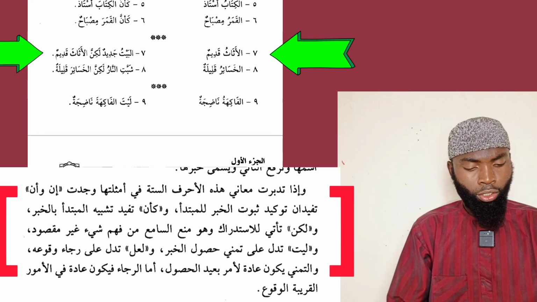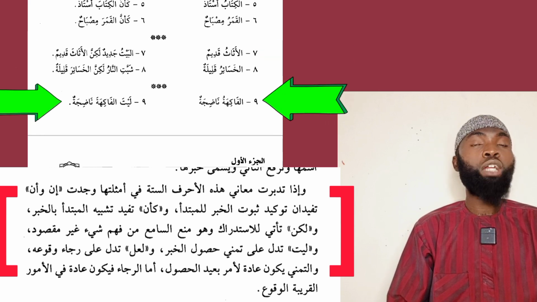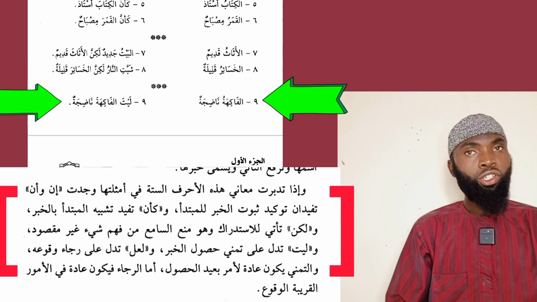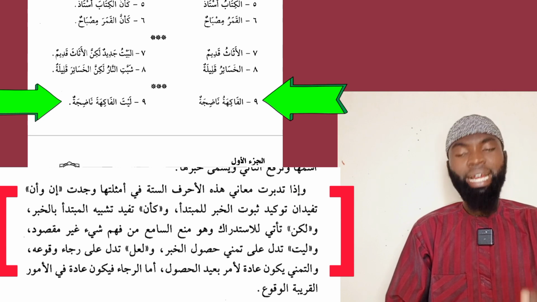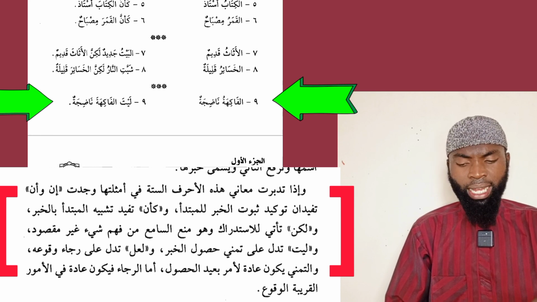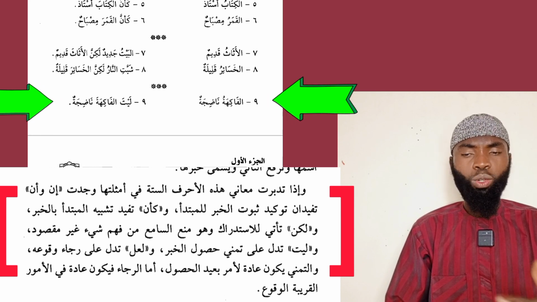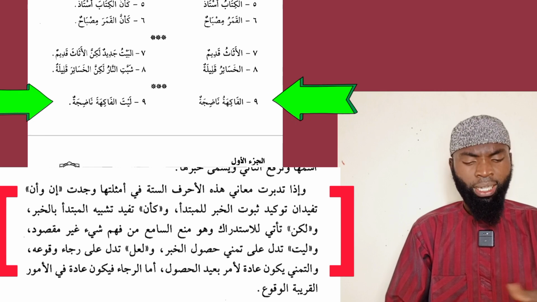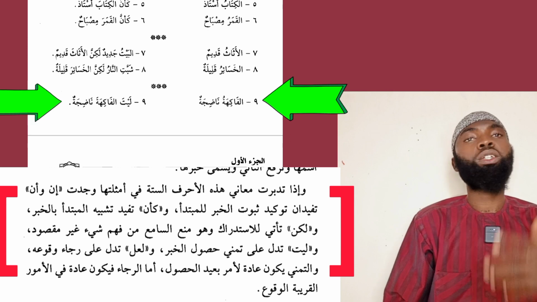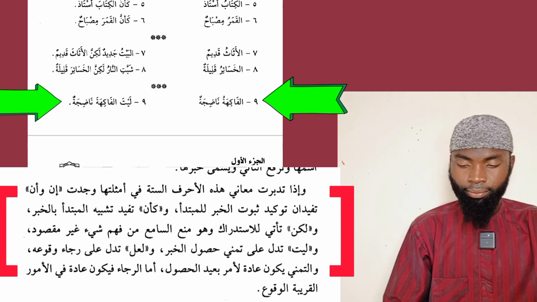Let's look at example number 9. We have al-fakihatu nadijatun. The fruit is ripe. But on the other side we have late al-fakihata nadijatun. I wish, I hope, that the fakihah, the fruit, is ripe. You are only wishing that, oh, you wish it happens.